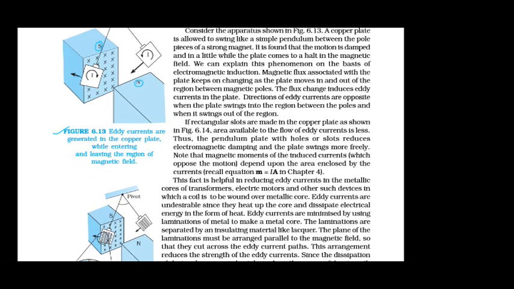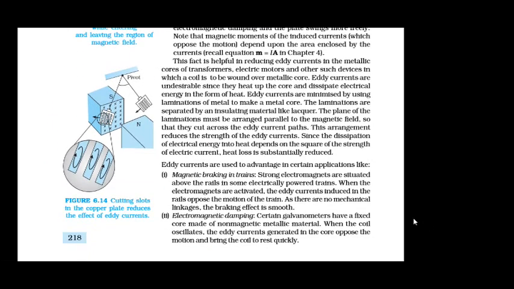Let us move forward. Let us see what the next paragraph is telling. This fact is helpful in reducing eddy currents in the metallic cores of transformers, electric motors, and other devices in which a coil is to be wound over a metallic core.